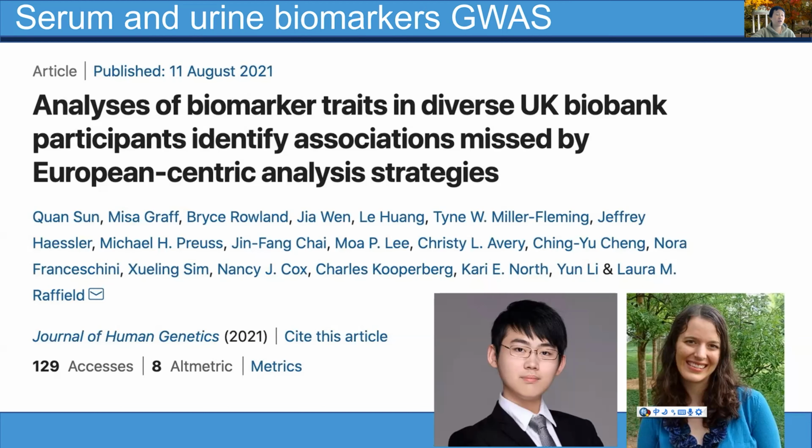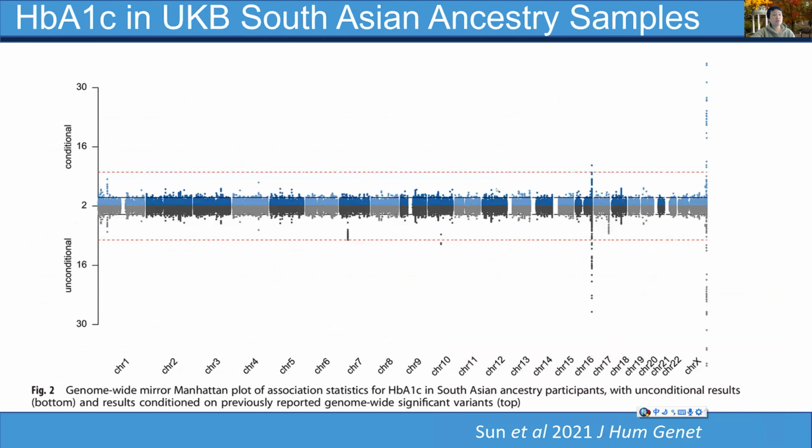So there's over 400,000 European ancestry individuals, but there are still about 10,000 African ancestry individuals, 10,000 South Asian ancestry individuals, and slightly below 3,000 East Asian ancestry individuals. So we're just doing GWAS using those much smaller sample sizes, from 3,000 to close to 10,000 individuals.